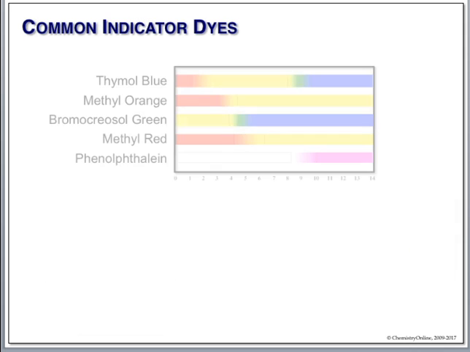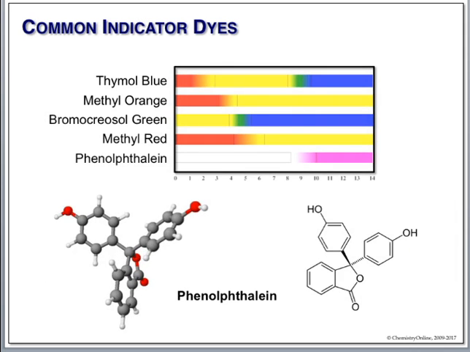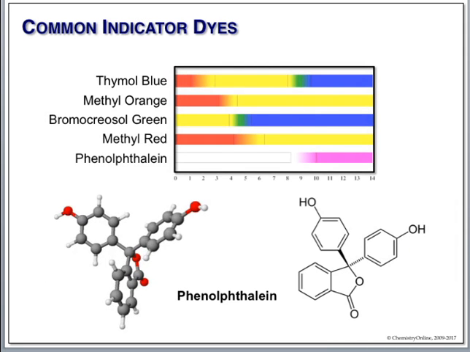This all has to do with indicators. Indicators are organic compounds that can gain or lose protons depending upon pH. Not only that, but when they gain or lose a proton, they change color. Phenolphthalein, that's this guy. This is the one that we will actually use in lab.